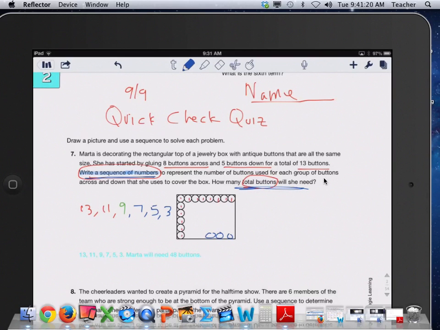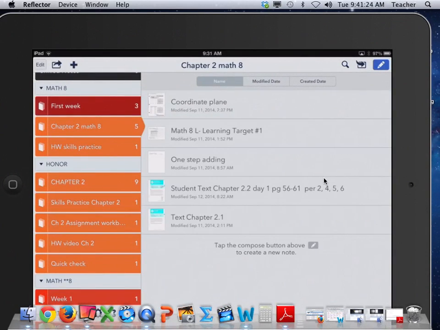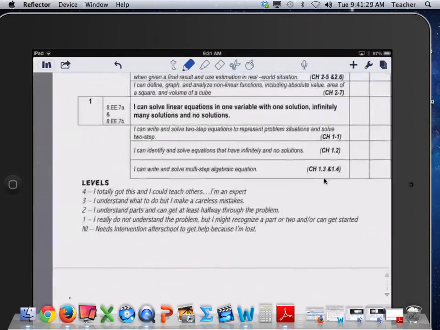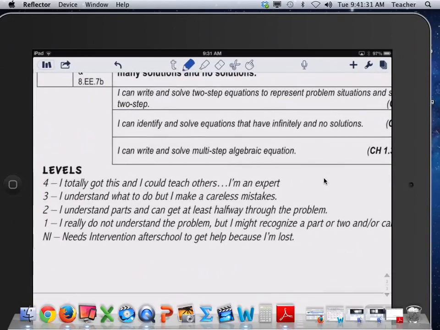If you look at your learning target log, at the bottom it tells you what a 4 is. A 4 is, I got this. I can teach others, I'm an expert. A 3, I understand it, but I make careless mistakes.